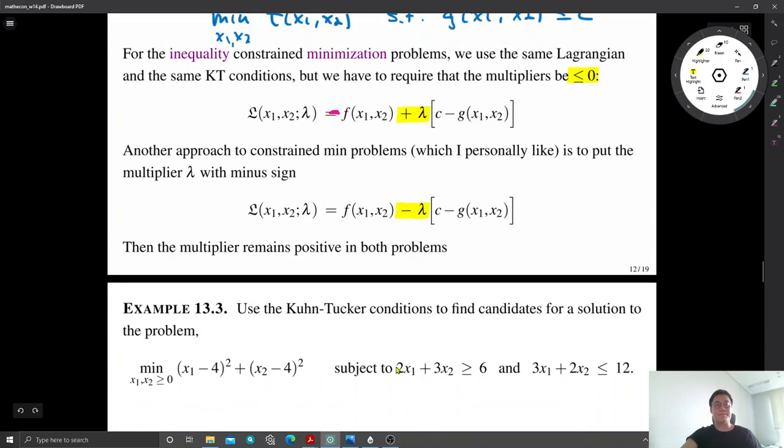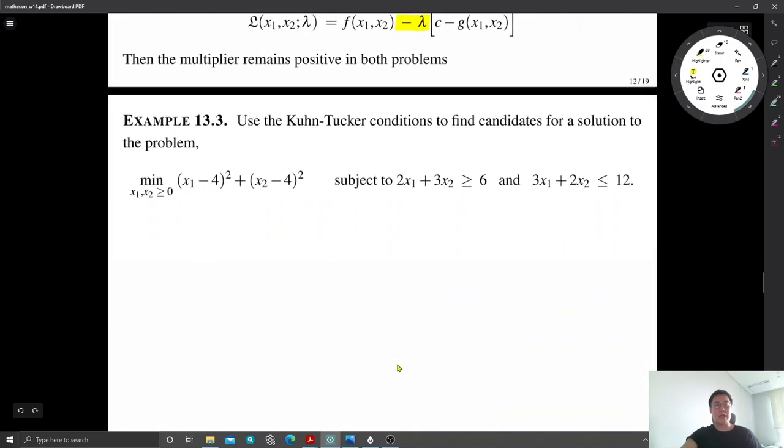All right, so now using that, let me tackle this example. Although we have two constraints, let me erase this one. Just with a single constraint, let me solve this minimization problem.